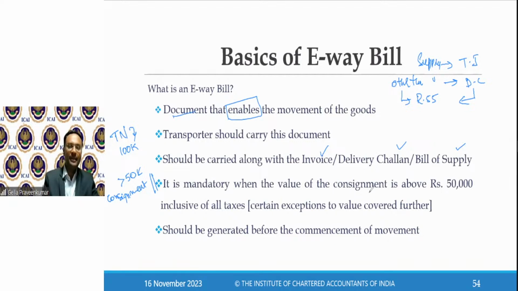Please keep in mind, when I talk about the consignment value, this includes all taxes: CGST, SGST, IGST, and cess. This should be generated before commencement of the movement of the goods.